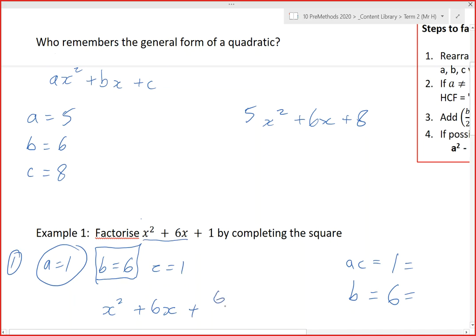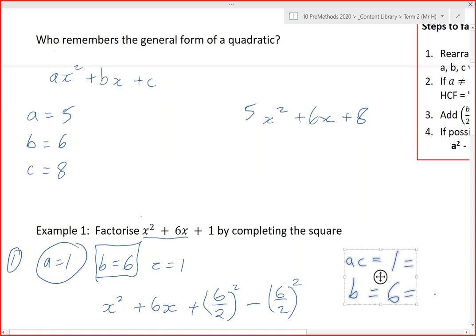The B number divided by 2, and all of it is squared. We then minus the B number divided by 2, all of it squared, and we put the C number back at the end again.